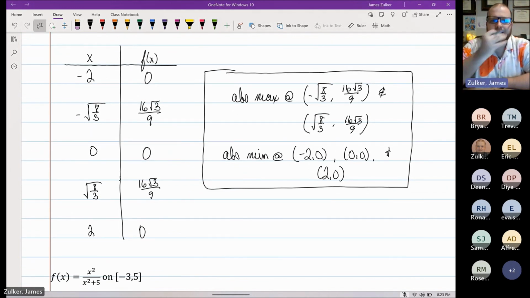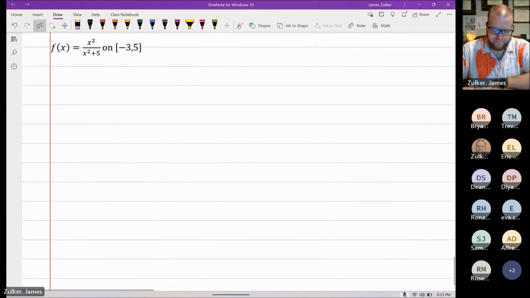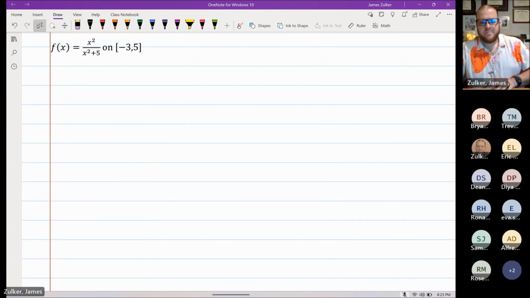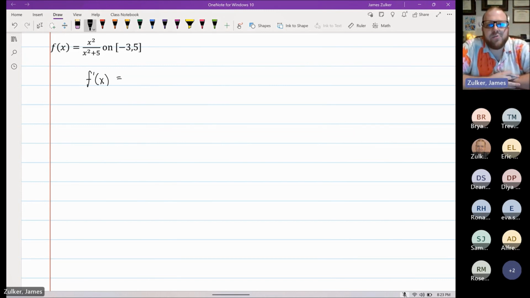Right? And then this is the last one. Do this one. Now, the derivative is a quotient rule.